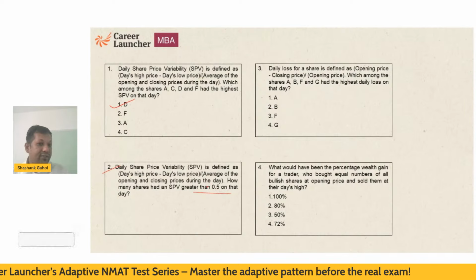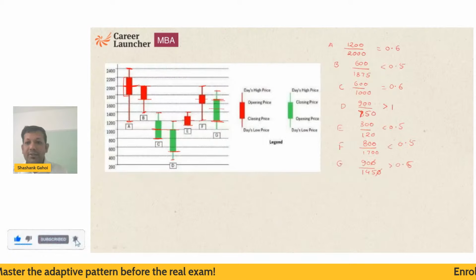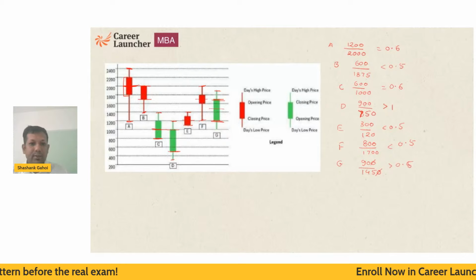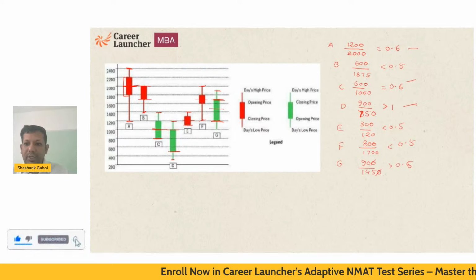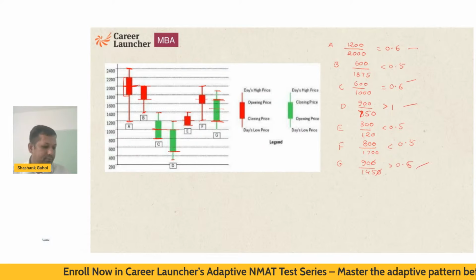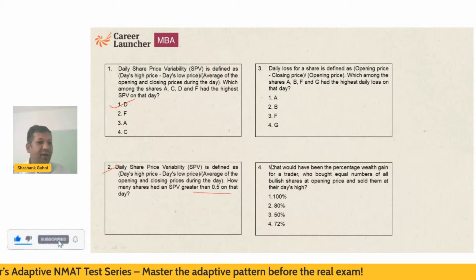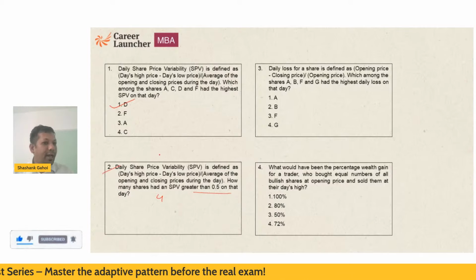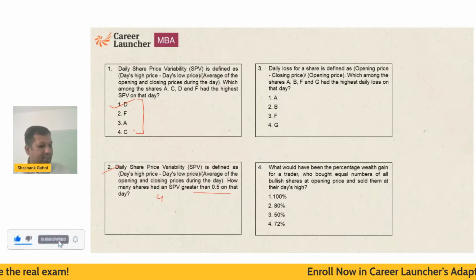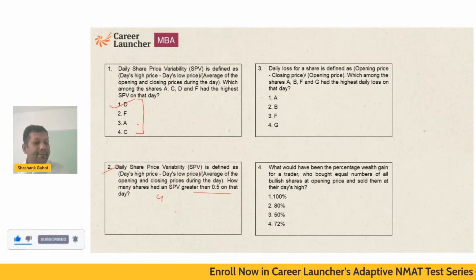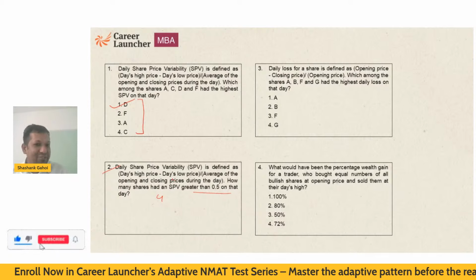So how many values are greater than 0.5? That is 1, 2, 3, and 4. If I was solving only question 1, I would check only D, F, A, and C, nothing else. Unfortunately, question 2 doesn't have any options, so I have to check for all.